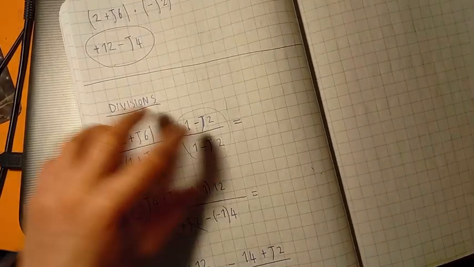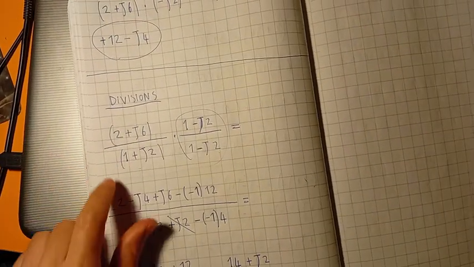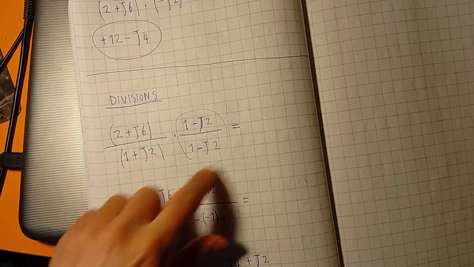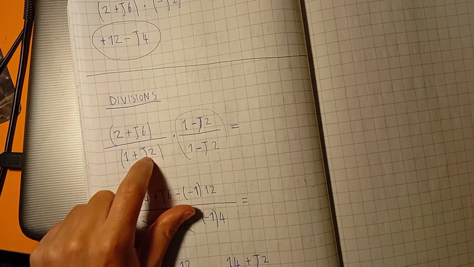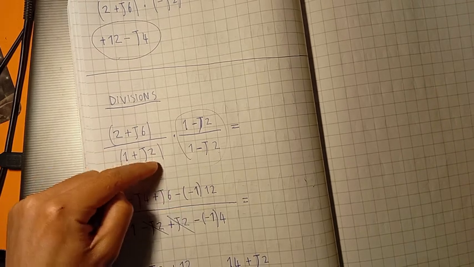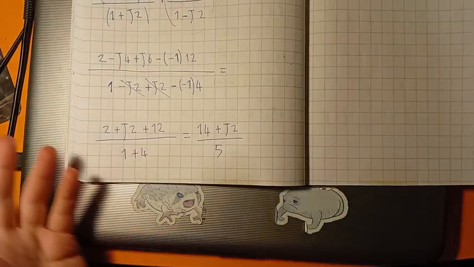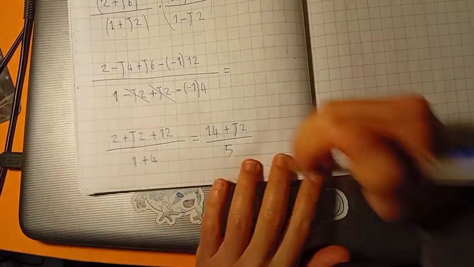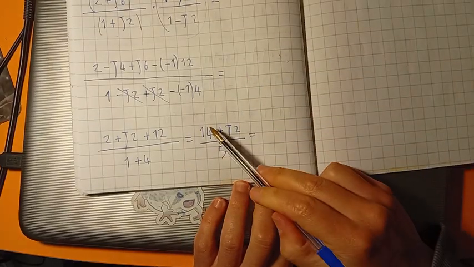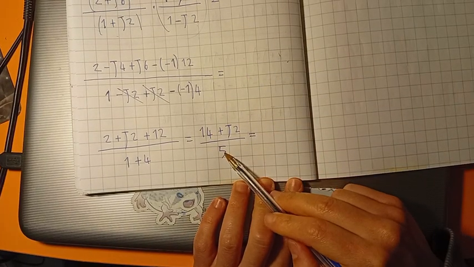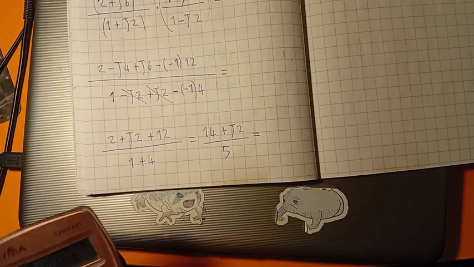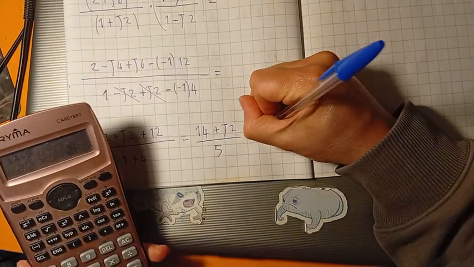So with this strategy, you can eliminate the j under the fraction line. And in the end you have something like this, and you can do this easily. Here you do 14 divided by 5, and the result is 2.8.